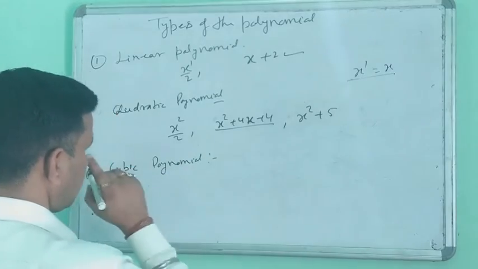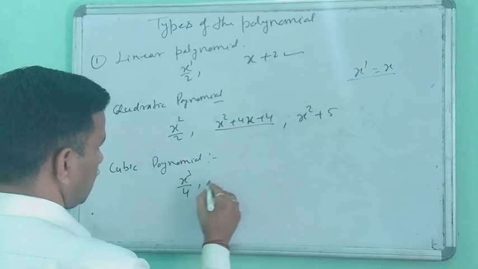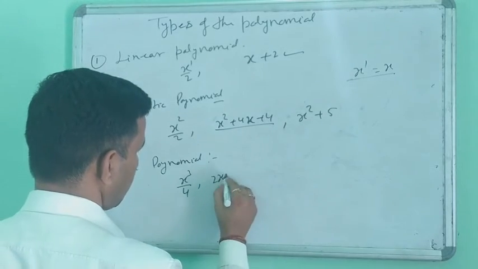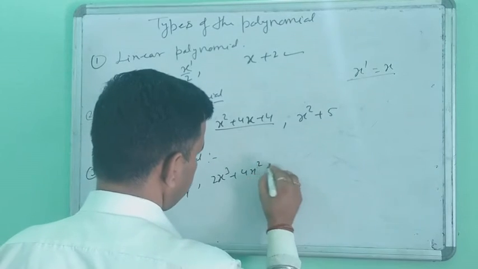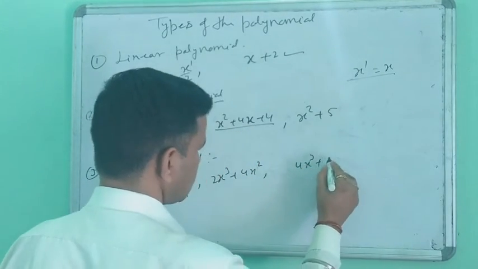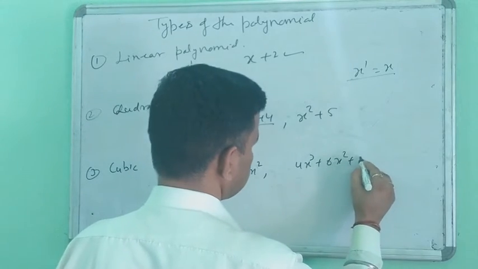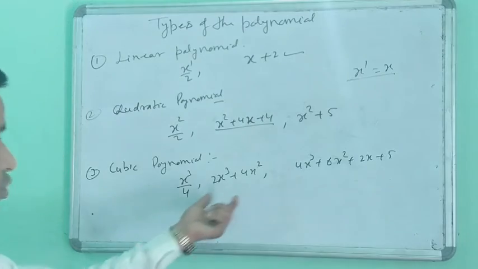Suppose any polynomial has exponent 3, like x exponent 3 upon 4, or 2x cube plus 4x square, or 4x cube plus 6x square plus 2x plus 5. These are forms of the cubic polynomial.